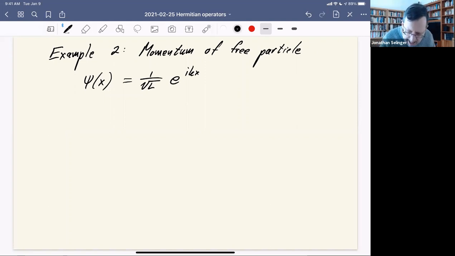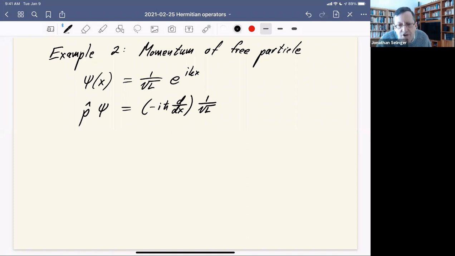Now what happens if we have the momentum operator acting on psi? You remember the momentum operator is negative i h bar d by dx, and that's acting on psi, so that's 1 over the square root of L e to the i k x.